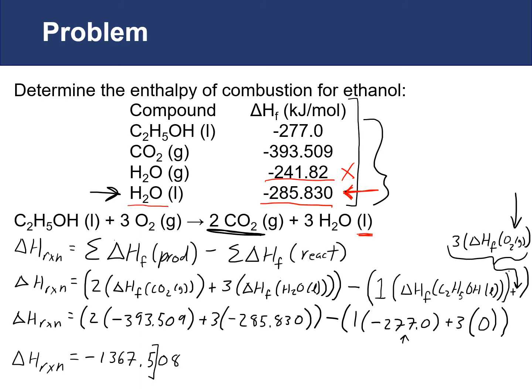So we would cut it here. The units are kilojoules per mole of the reaction. And so our end answer would be negative 1367.5 kilojoules per mole of the reaction.